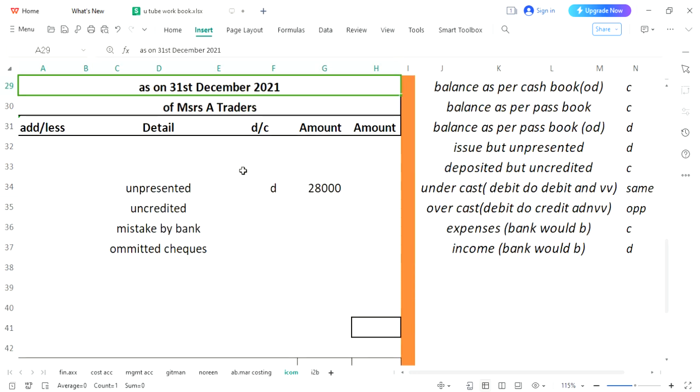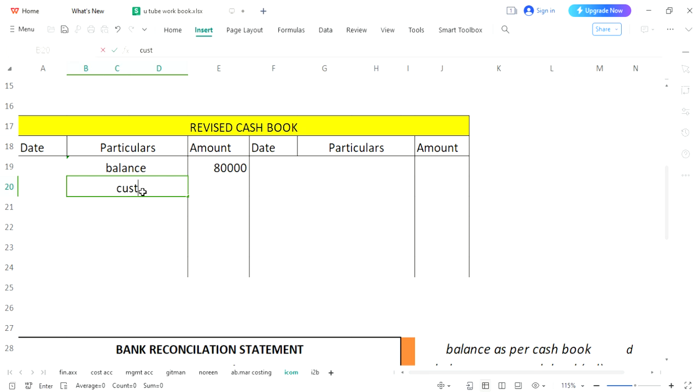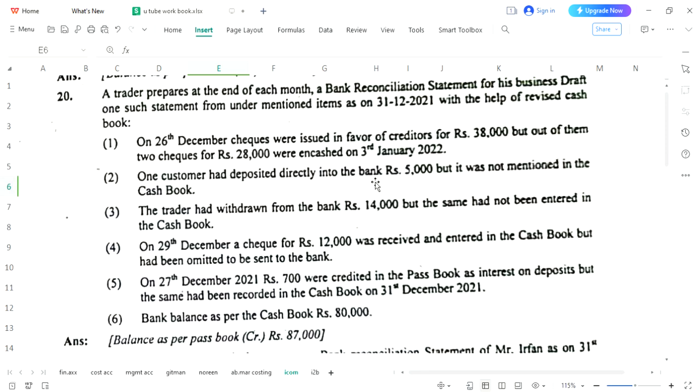As you know, in BRS only 4 entries would be written, and this customer entry is not written over here, so that would be part of revised cash book. So you may write over here customer, and for reference you can write customer deposited. How much amount had the customer deposited? That is 5,000.